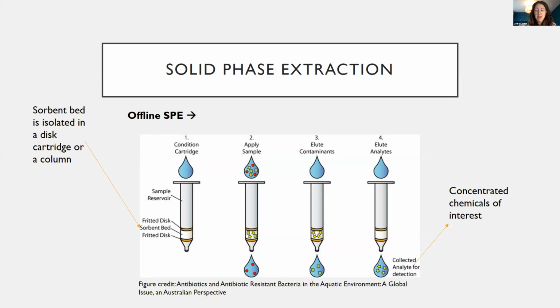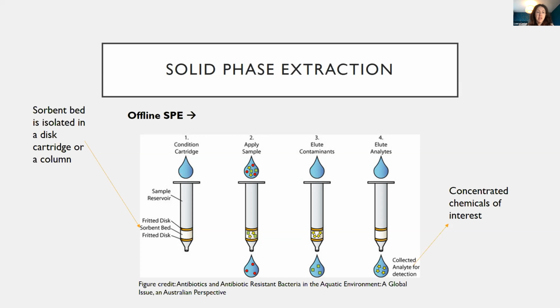So the solvent that retains your pharmaceutical, your chemical, is encased within this barrel syringe. After you activate your sorbent, you pass your water through. This can range up to hundreds of mils. We've passed liters, up to about 1.5 liters of water, through a cartridge before.